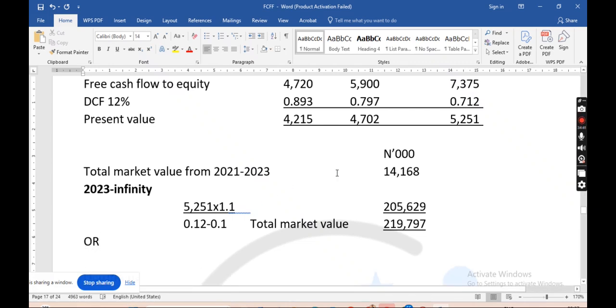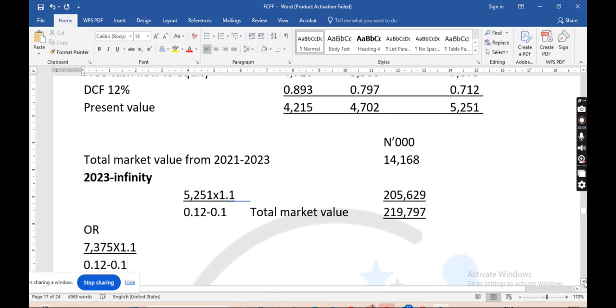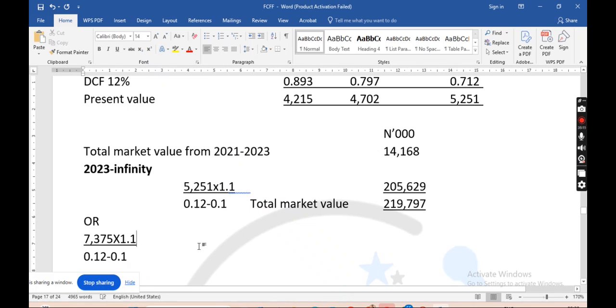Or you could bring this forward, then you grow it times 1.1 divided by this, times 0.712.